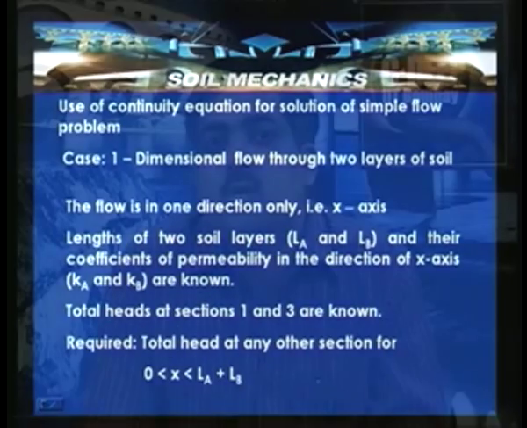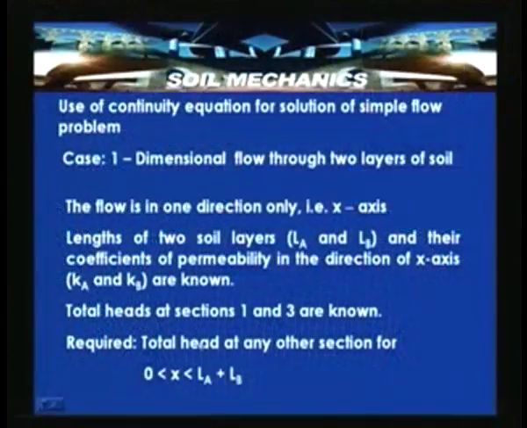We do not know H2 in between, but we can determine it using the deliberations we are going to discuss. The head at 1 and the head at 3, shown in the figure in the previous slide, can be noted. So what is required now is the total head at any other section, for distance between 0 and LA plus LB.